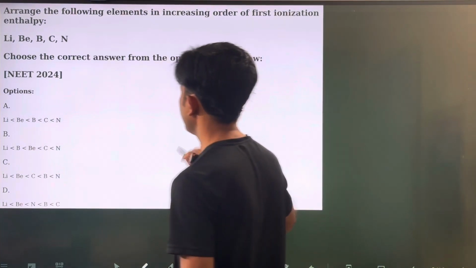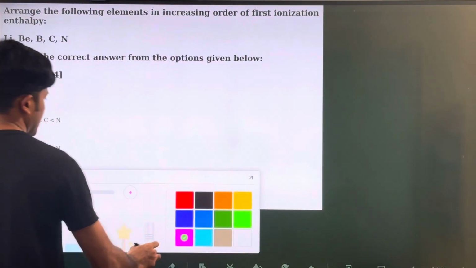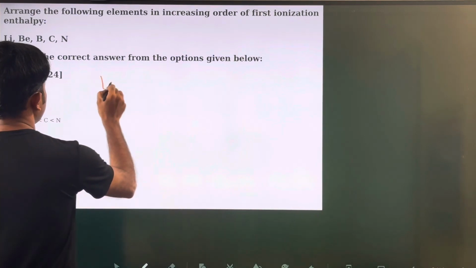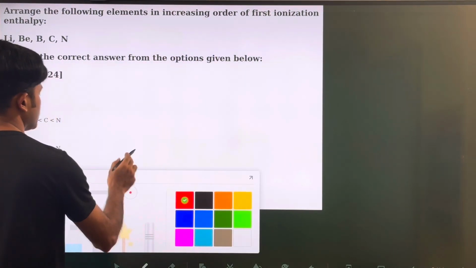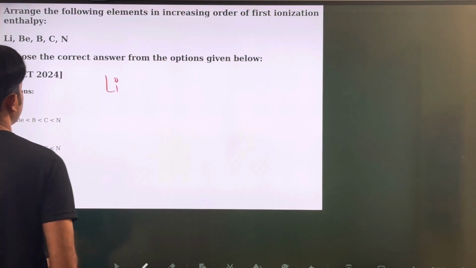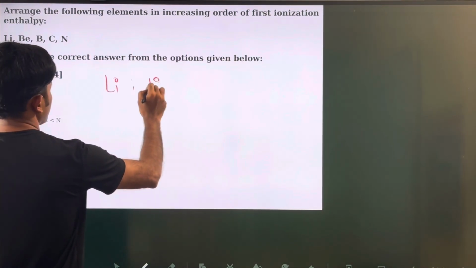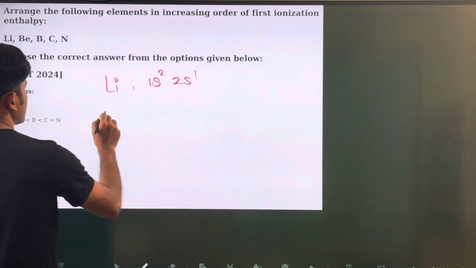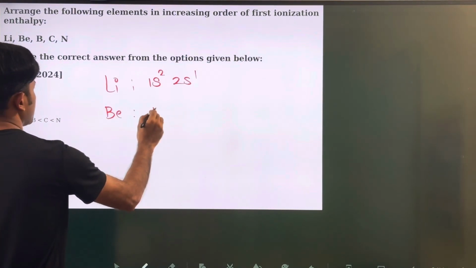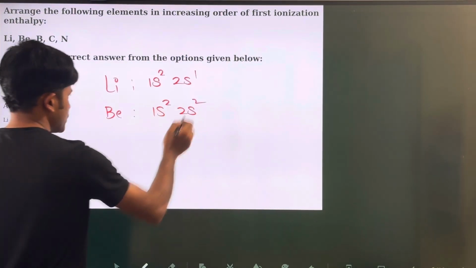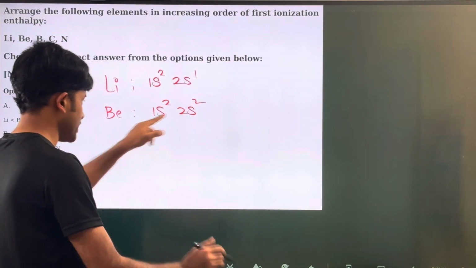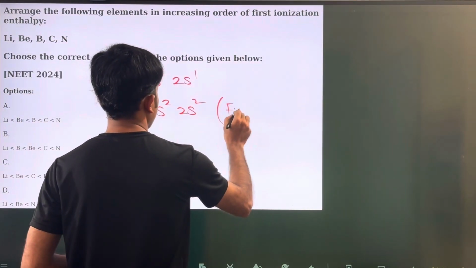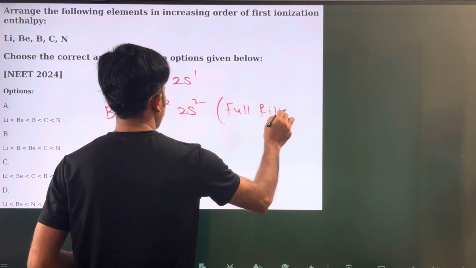The atoms which have fully filled or half-filled configuration have more ionization energy compared to the next elements. Now you see here we have lithium, beryllium, boron, carbon. What is the configuration of lithium? 1s2, 2s1. Beryllium configuration is 1s2, 2s2, which is a fully filled configuration.